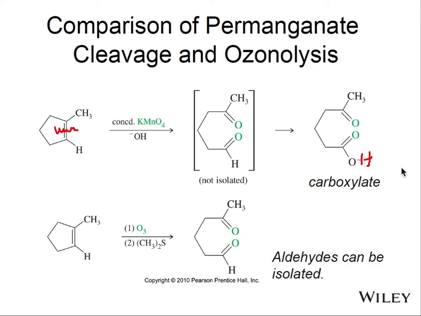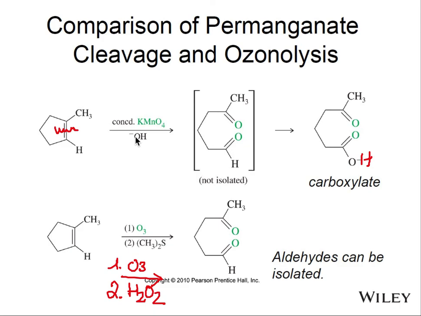Well, the carboxylate that then gets protonated, but it goes to the carboxylic acid. In ozone, when we use DMS, that's our reductive conditions, we can isolate the aldehydes. We can stop at the aldehydes. The other option that I haven't shown here is that we could have O3 as the first step, and H2O2 as the second. And then we will get the same molecule that we would get with potassium permanganate.